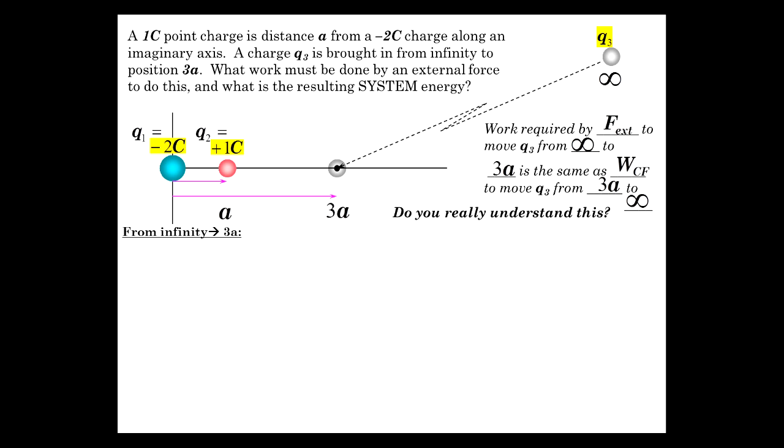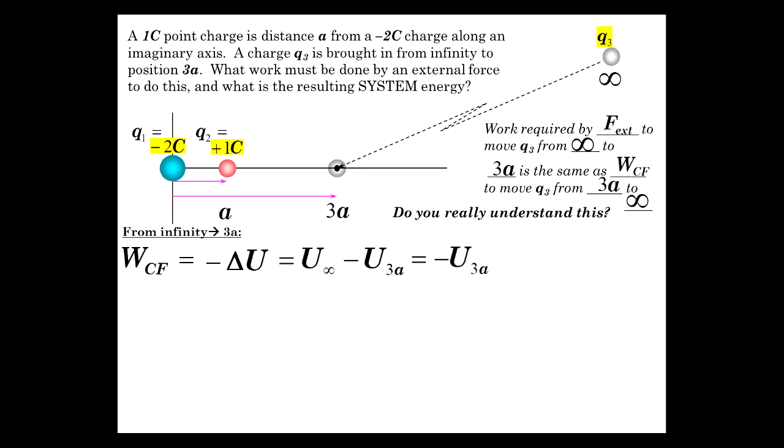But just to expand on that a little bit, from infinity to 3a, this is the actual direction that this is being moved. So let's just focus on that. The work done by the conservative force is just negative delta U. So that's U of infinity minus U of 3a, which is minus U at 3a, because U at infinity is 0.